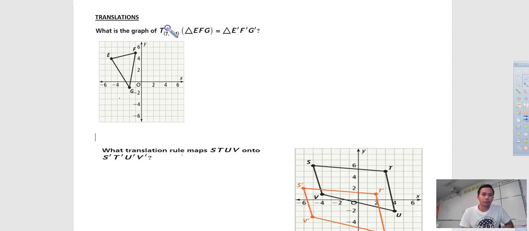Your 7 here is the horizontal movement, meaning it's the movement along your horizontal axis, which is your x. And then your -4 will be your vertical movement.